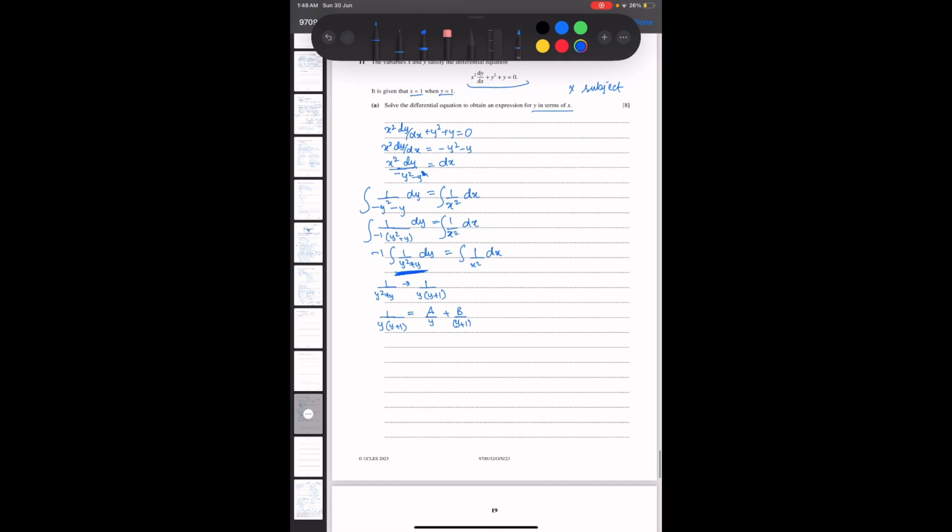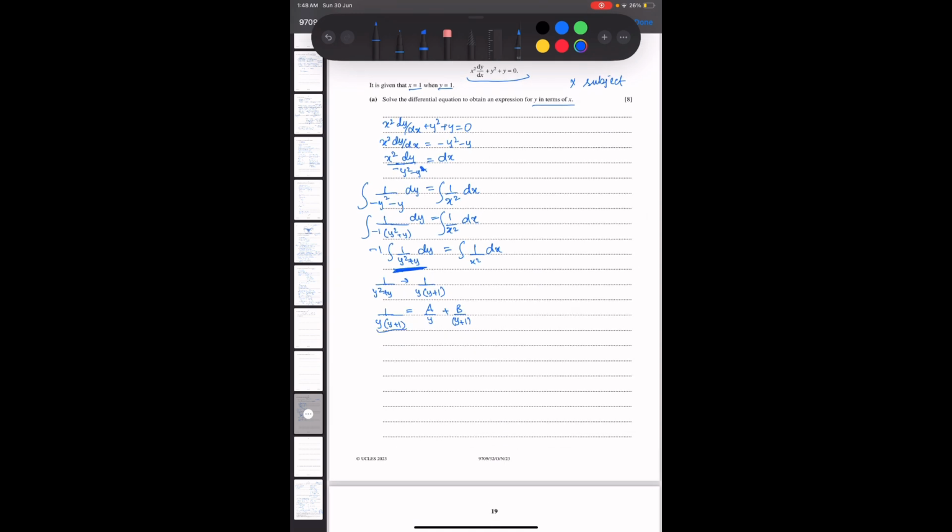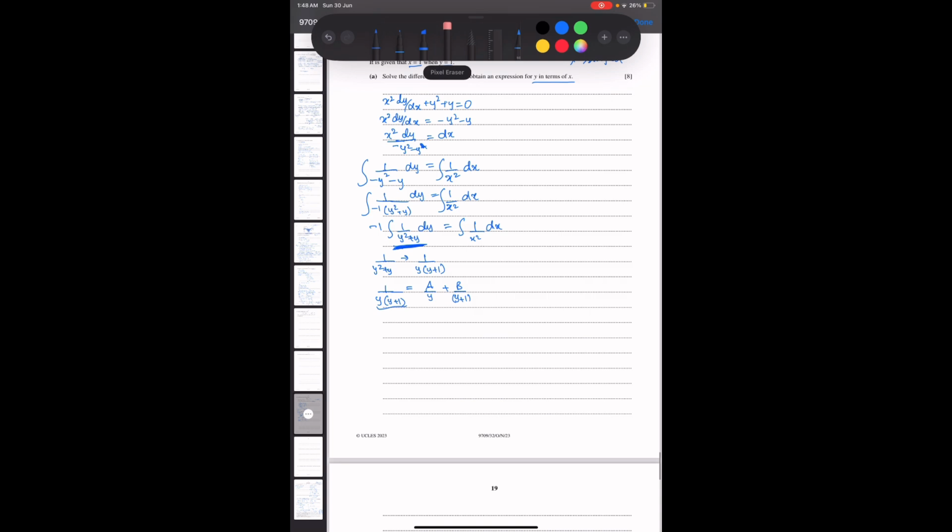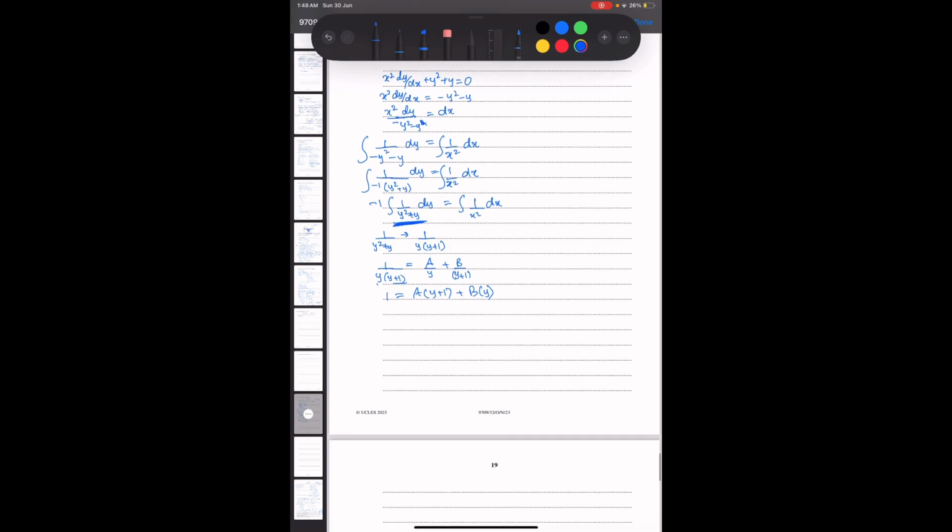And now we're going to multiply y into y plus 1 on both sides. So it will be 1 is equal to a into y plus 1 plus b into y, and I'll take y is equal to minus 1 so that I can cancel this a. 1 is equal to 0 minus b, so minus 1 is equal to b.